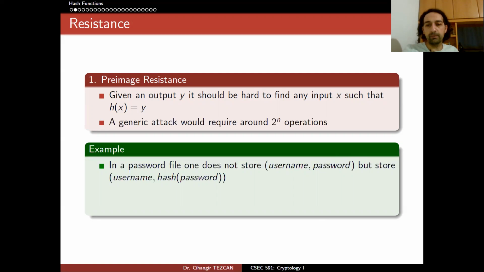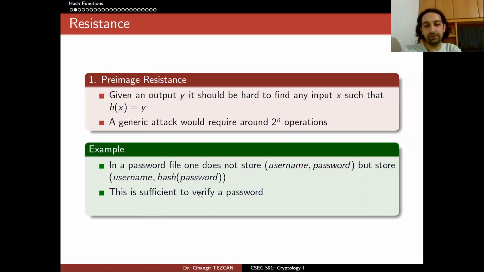So this is a very bad scenario. But if you just store the username and the hash of the password, then somebody who captures the database would not know your password, but would know the hash of your password. So if the hash function is preimage resistant, knowing the output y would not give them your password x. So this is one reason why we need preimage resistance.